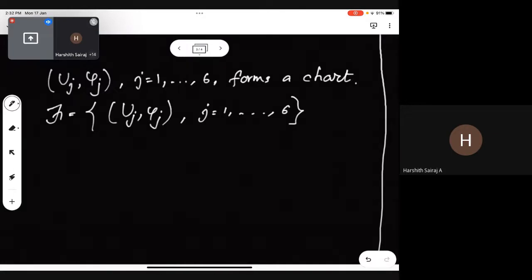So what do you need to show for an atlas? They cover the whole sphere. The first thing, union of U_j. So what is the union of U_j? It is the whole of S², right?